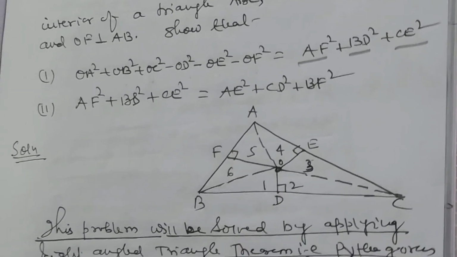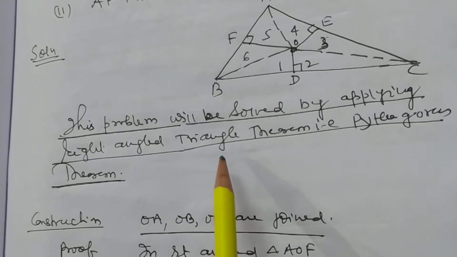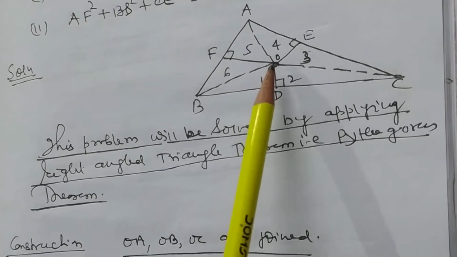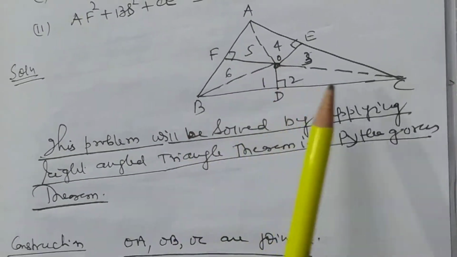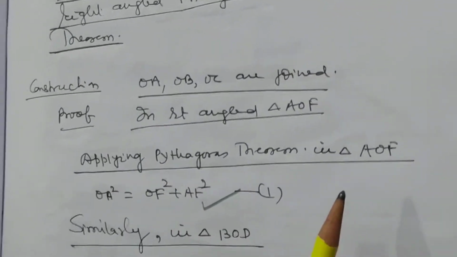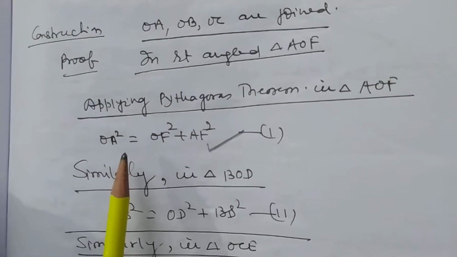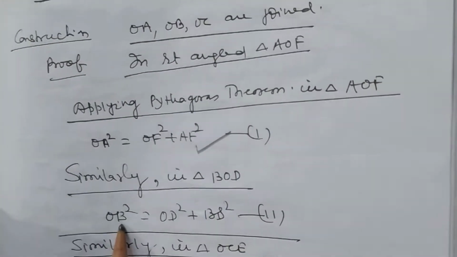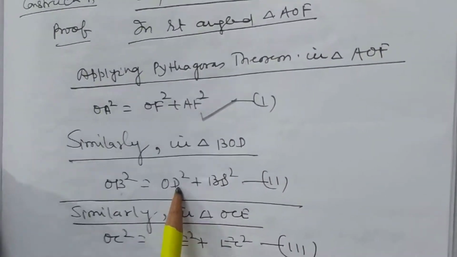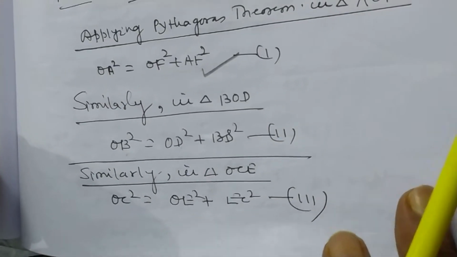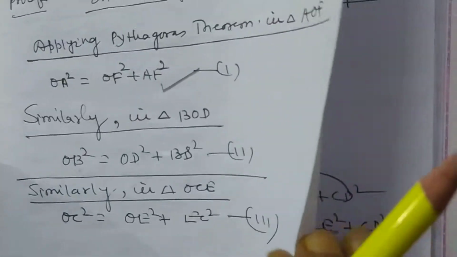This problem will be solved by applying right angle triangle theorem, that is Pythagoras theorem. Construction: OA, OB and OC are joined. Applying Pythagoras theorem in triangle AOF, OA square is equal to OF square plus AF square. In triangle BOD, OB square is equal to OD square plus BD square. Similarly, in triangle OCE, OC square is equal to OE square plus EC square.